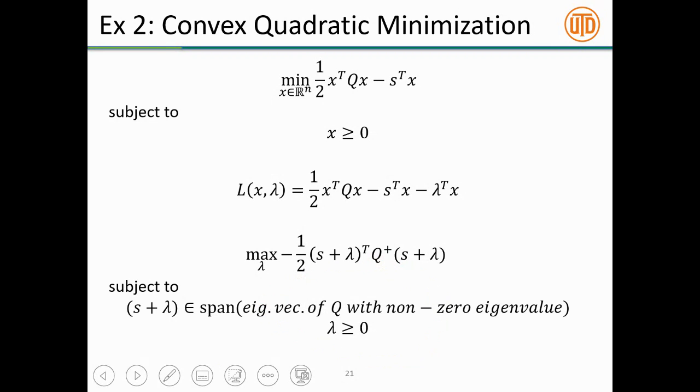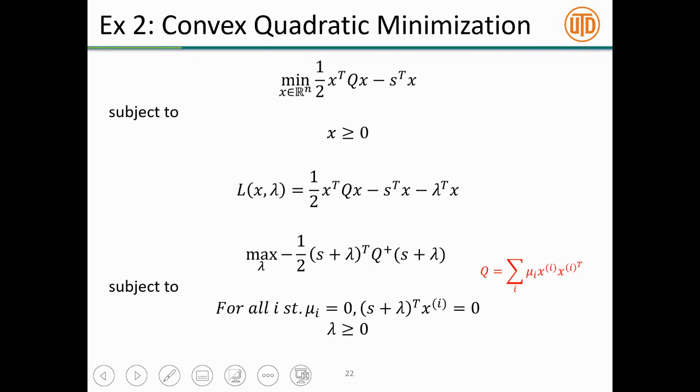That means it can be written as a linear combination of things that span the range of Q. Again, the bad situation here is when I project s plus lambda onto an eigenvector that has a zero eigenvalue, then there won't be a solution to the linear system. So I restrict myself to s plus lambda being in the span of the eigenvectors with non-zero eigenvalue.